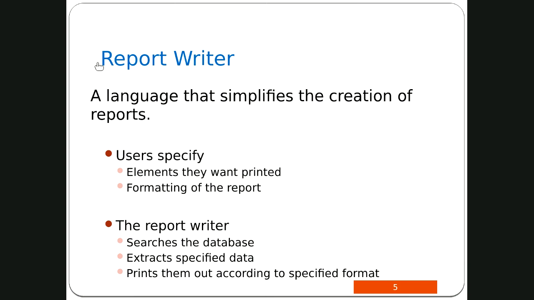The next is the report writer language, which is another programming language that allows the writing of reports. So for example, if you go to the database and you want to look at the courses for spring, only accounting courses or only accounting courses on Mondays and Wednesdays, when you select that, the output will come out on your screen in a particular format.